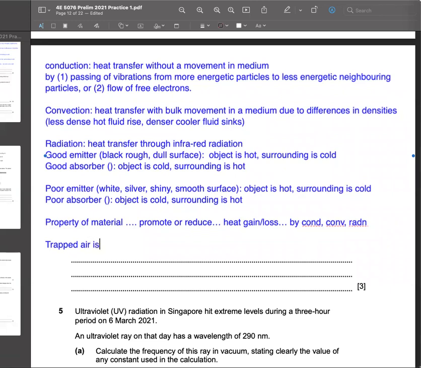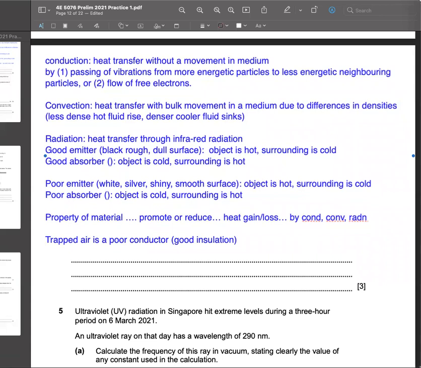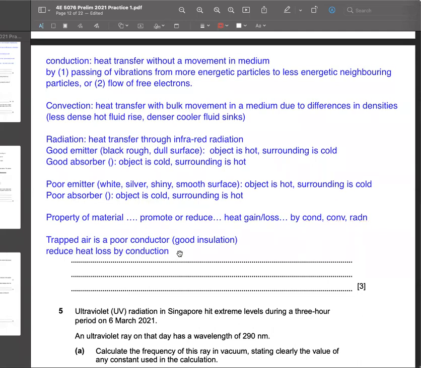Trapped air is a poor conductor or good insulator. Then what happens? So it will promote or reduce heat loss? Wait, no. You will reduce heat loss by conduction. Okay, so it can only reduce heat loss.